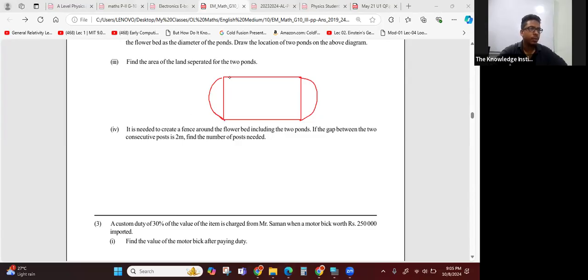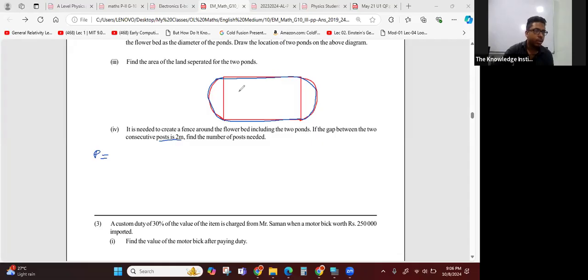That means the flower bed and two ponds. You have to make a fence around it. And it says if the gap between the two consecutive posts is 2 meters, find the number of posts needed. First, we want to find the perimeter of this total composite shape. Okay, so let's find the perimeter.